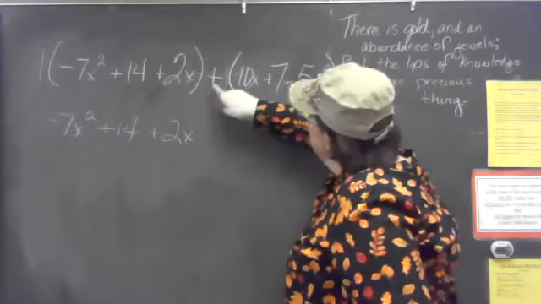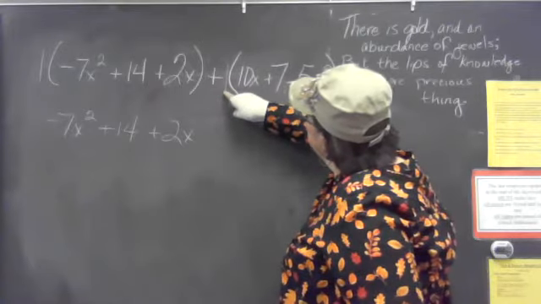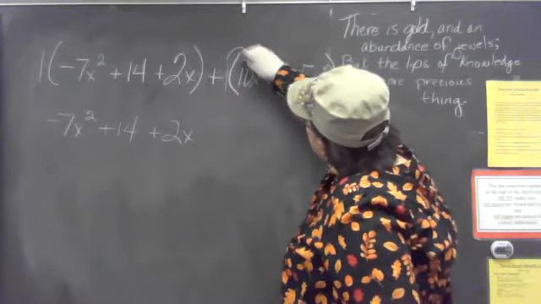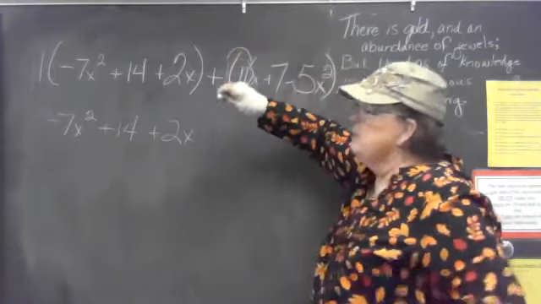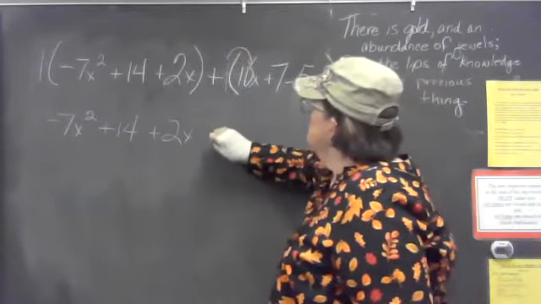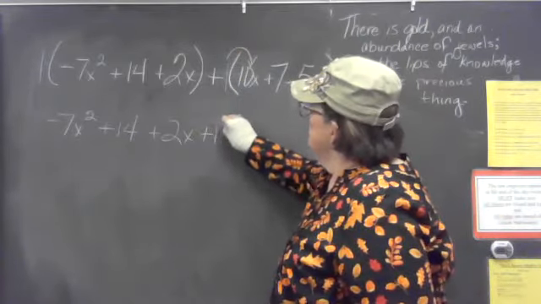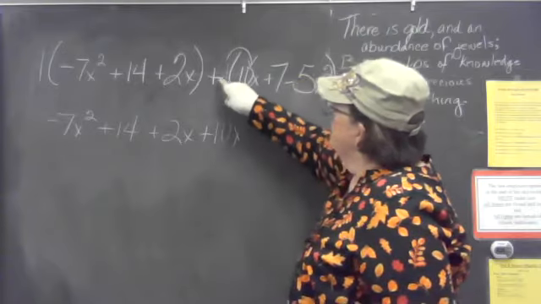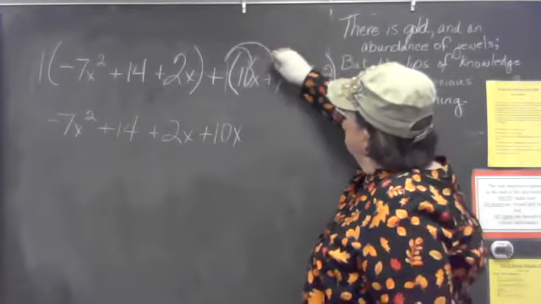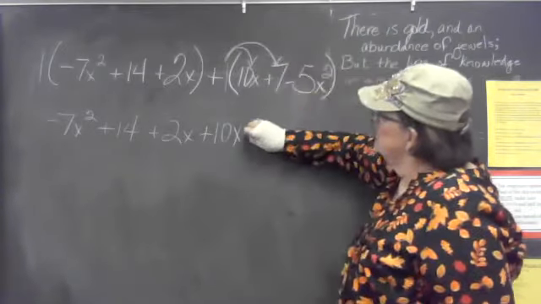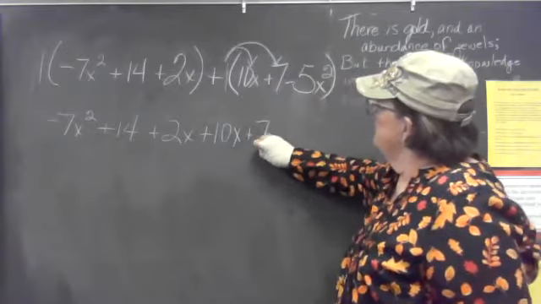Okay, so when we get here, we have a number in front of the parentheses, and we're going to use the distributive property. So I have 1 times 10x, so that's 10x. I have a positive 1 times a positive 7, which will be 7.